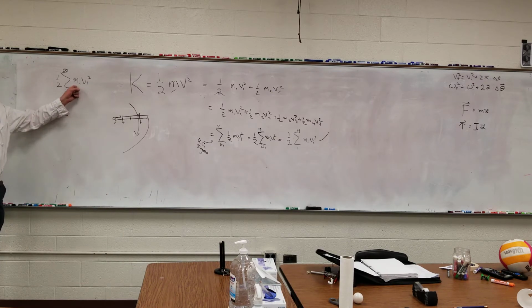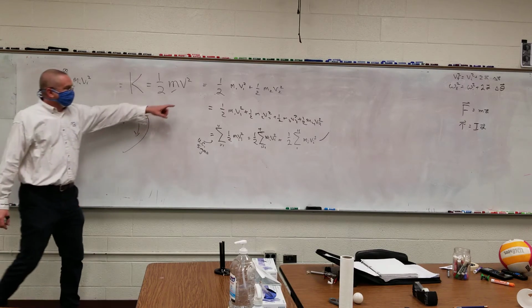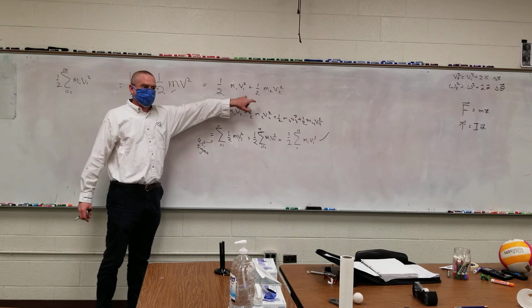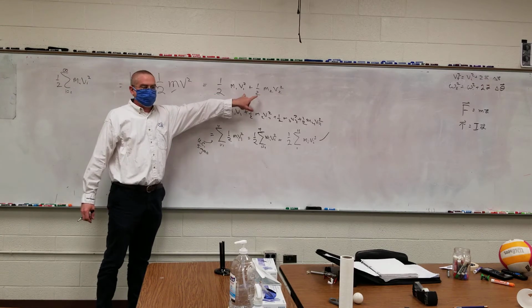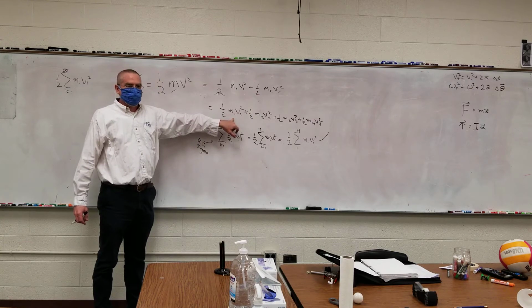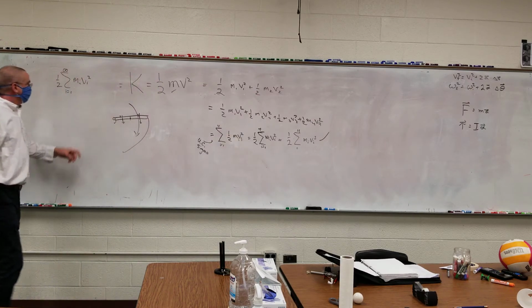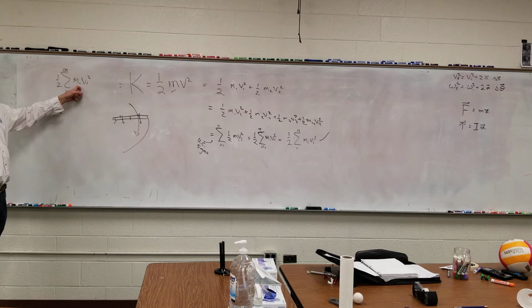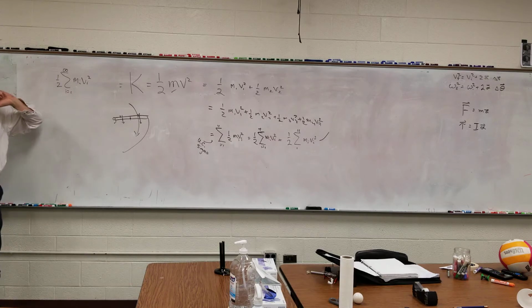This m sub i is the mass of each individual piece. So when it was 2 pieces, the masses m1 and m2 were just half the mass of the door. At this point, the mass is 1/4 of the door. At this point, what's the mass of each piece of that door? An infinite amount. Ooh, nope. Wrong direction.